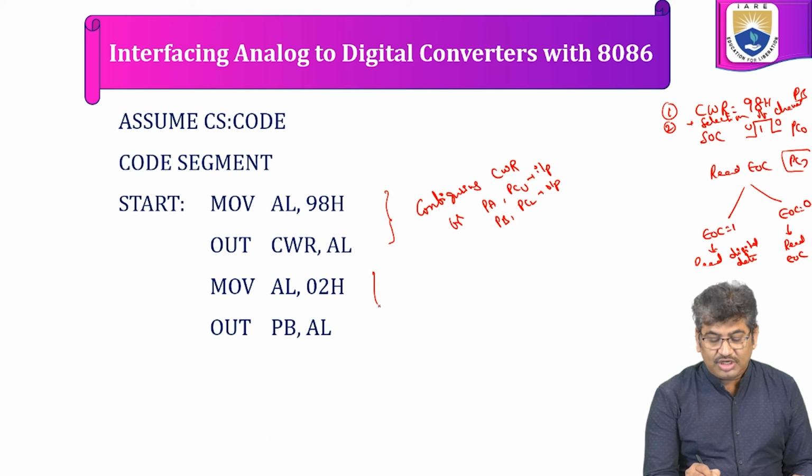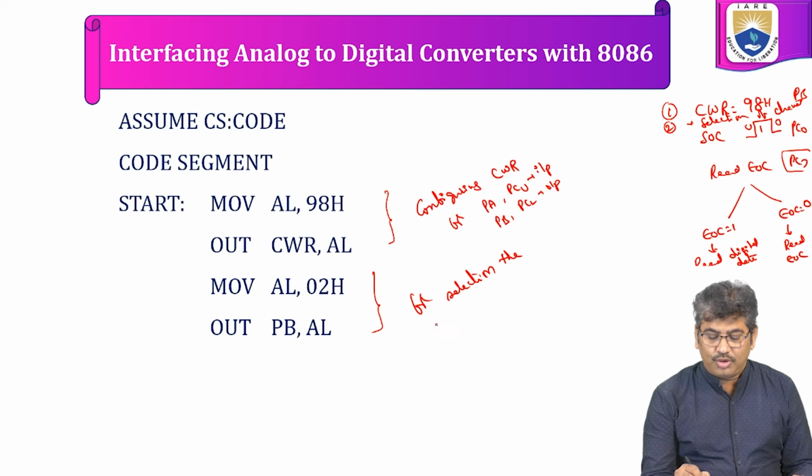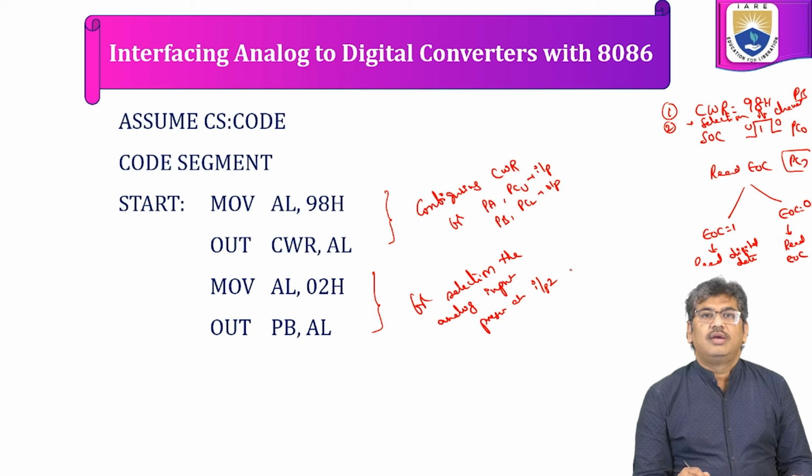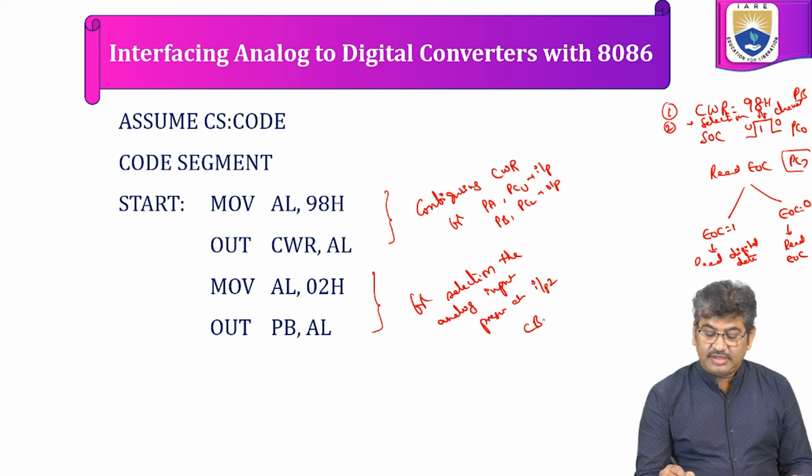So these two instructions are for selection of the analog input present at input 2 pin. By proper selection of CBA values, that is address lines equal to 010, we have to send it.